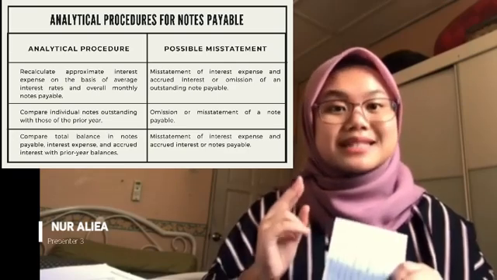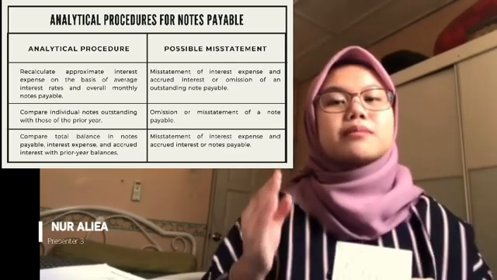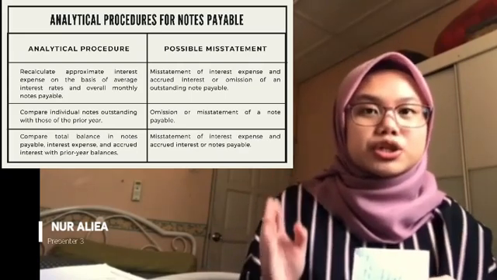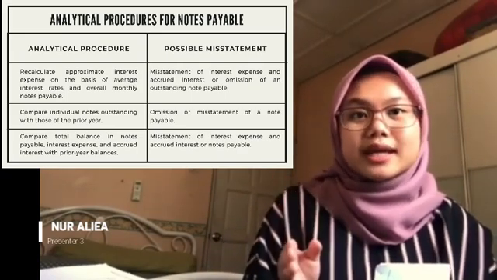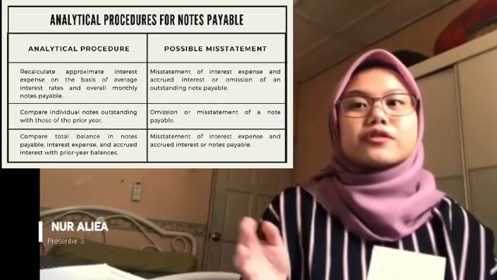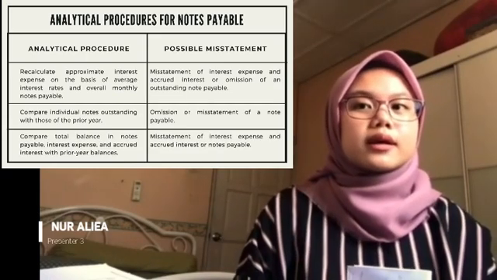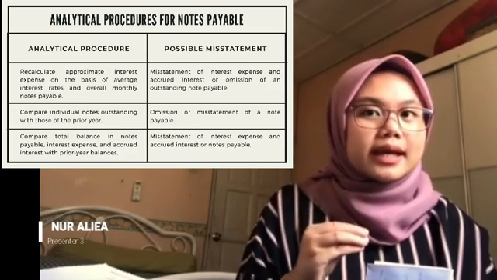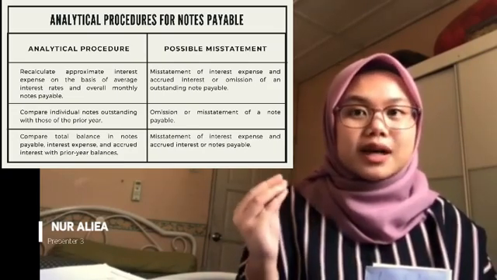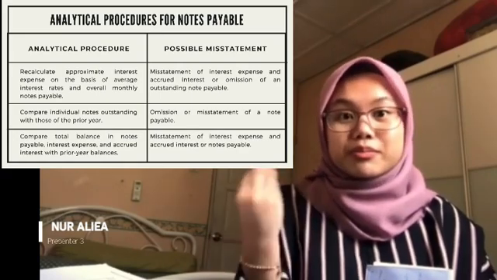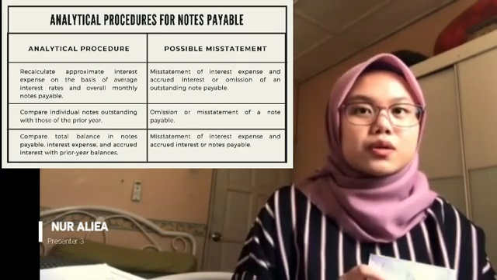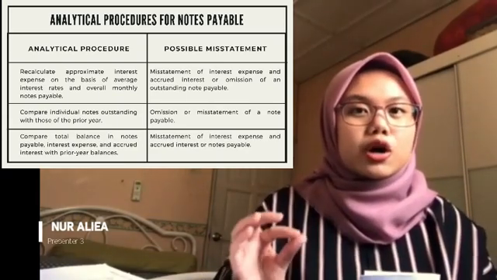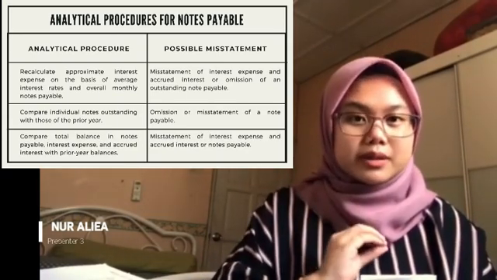The possible misstatement that might happen is misstatement of interest expense and accrued interest, or omission of an outstanding note payable. Moving on to the second one, we need to compare the individual notes outstanding with those of the prior year, which is the year before. The possible misstatement that might occur is omission or misstatement of a note payable.